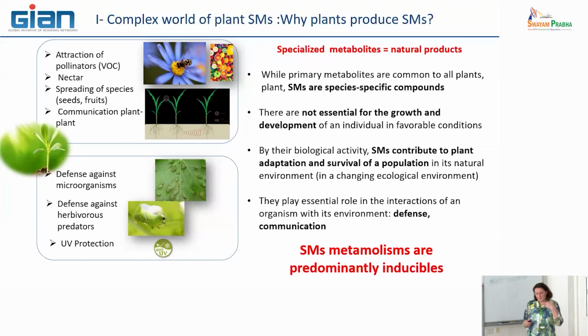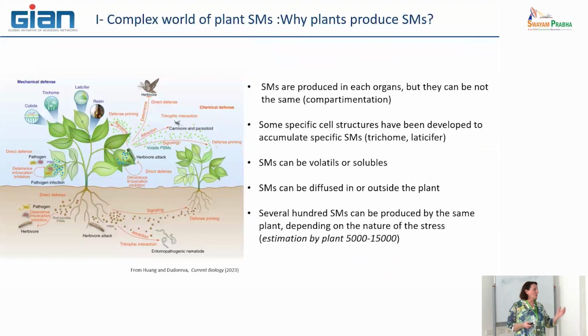There is also another idea we have to understand: in the plant, the metabolites are not produced in each organ. For example, if some metabolites are produced in the leaf after an attack of herbivores, it is not necessary for the plant to produce exactly the same in the roots, because this predator is not a predator of this part of the plant.